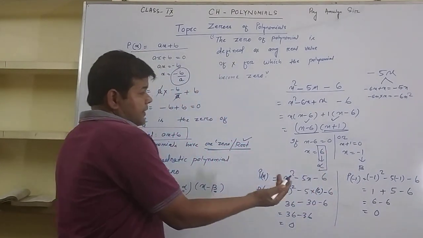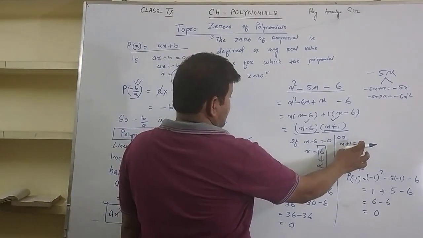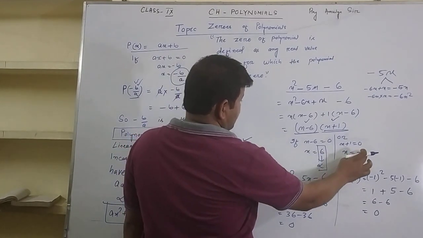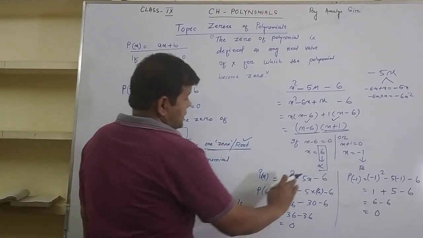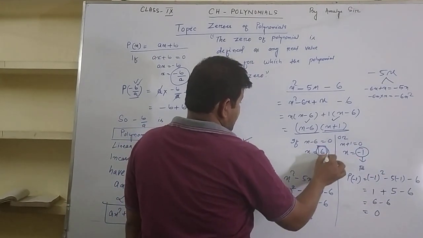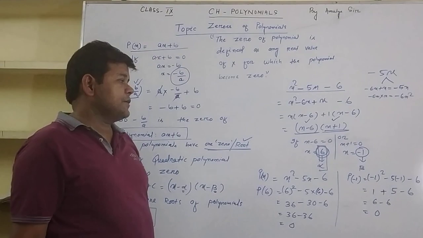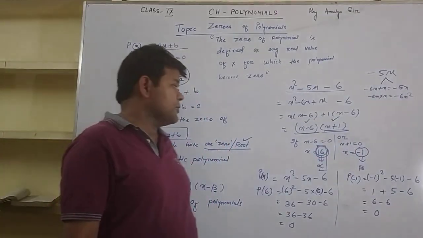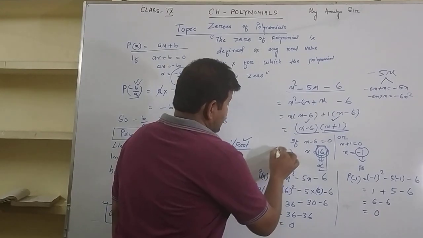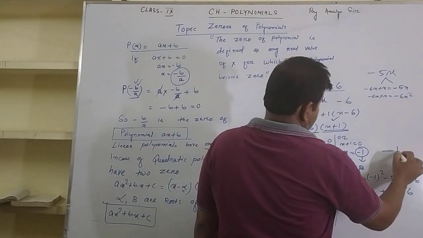And if we take the other, x plus 1 equals 0, that means x equals minus 1. So minus 1 is beta and plus 6 is alpha. So alpha and beta here are the two zeros of the polynomial: one is 6, another is minus 1.